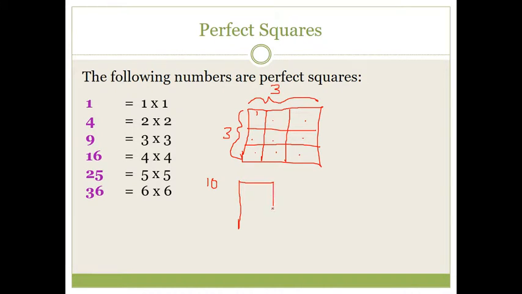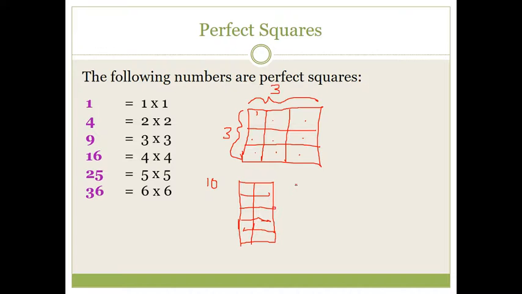One way I could make 10 is to have 2 columns and 5 rows like this. 1, 2, 3, 4, I need one more, 5. We can count that there are 10 little squares in there. But this isn't a square. I've made a rectangle. I could also set this up horizontally so that I had 2 rows and 5 columns, but again, it would still be a rectangle.